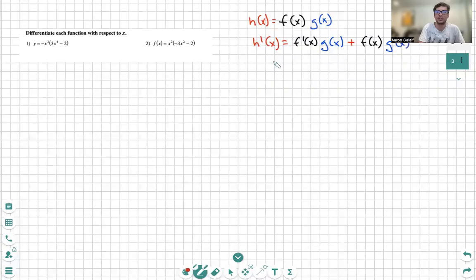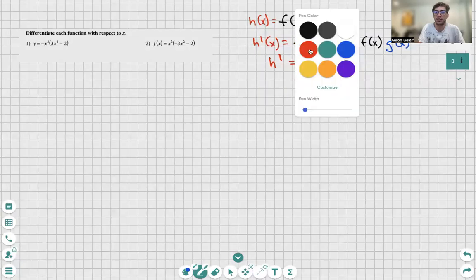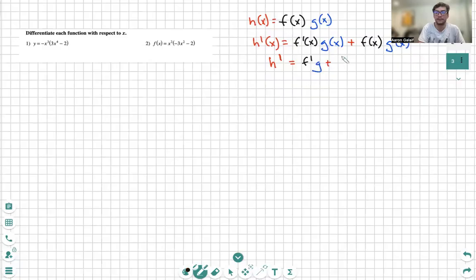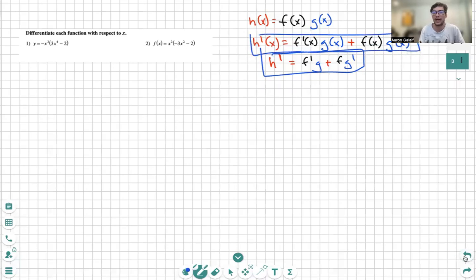Now I'm going to rewrite it without x's, just letters, because sometimes that's easier to see. So f prime times g plus f times g prime. As you can see, they're both exactly the same, just one with the x's and one without. Sometimes students like to see either or, right? So let's continue.